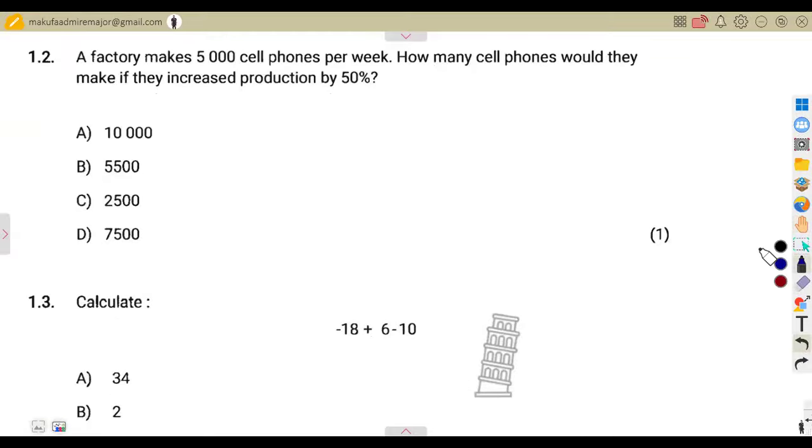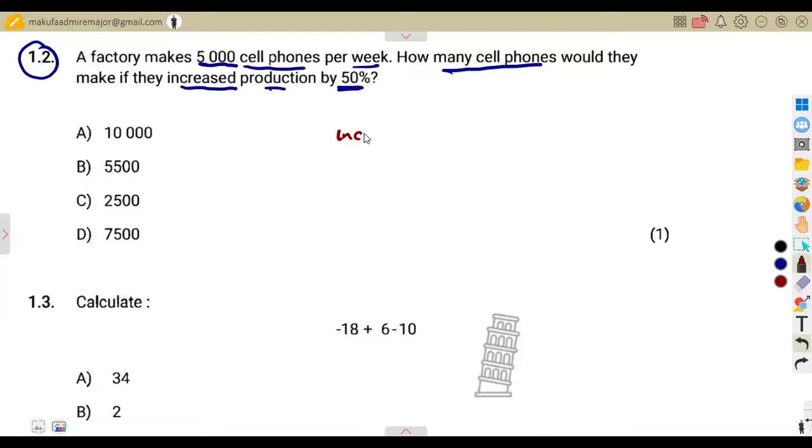All right, let's check 1.2. They are saying a factory makes 5,000 cell phones each week. How many cell phones would they make if they increased production by 50%? So how do I calculate an increase?